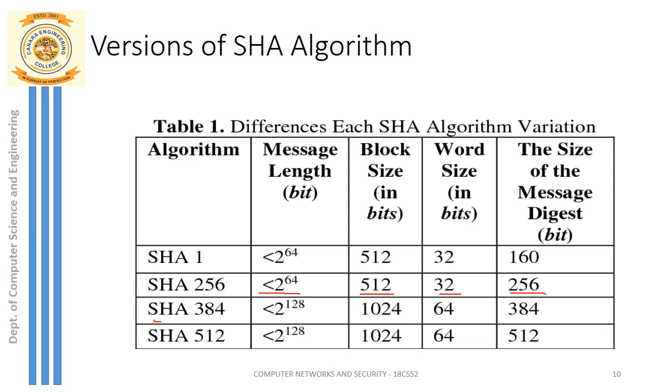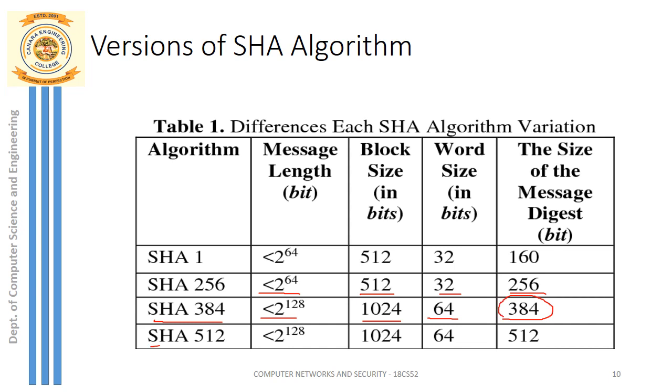The third version is SHA-384, where we increase the message length to 2 to the power 128 and the block size is also increased to 1024 bits and the word size is increased to 64 bit and the message digest length is 384 bit.